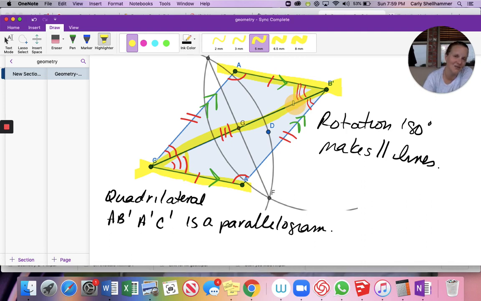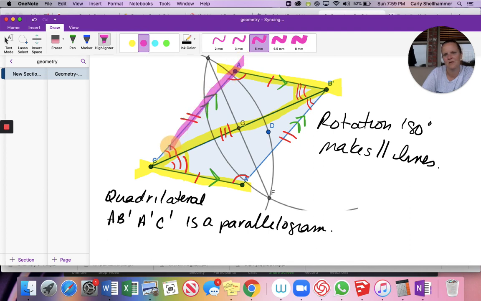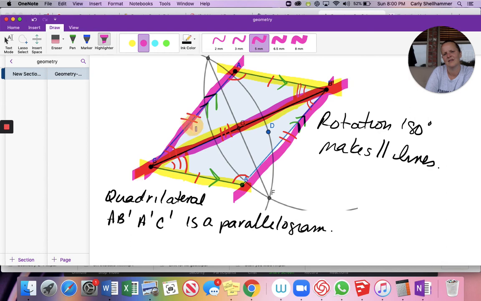So those are congruent, therefore the lines are parallel, or the lines are parallel, therefore the angles are congruent. Either one works. I can also say that these are parallel lines, and that's my transversal. So these alternate interior angles are congruent. So we know that lines are parallel, therefore the alternate interior angles are congruent, or alternate interior angles are congruent, therefore the lines are parallel. Okay?